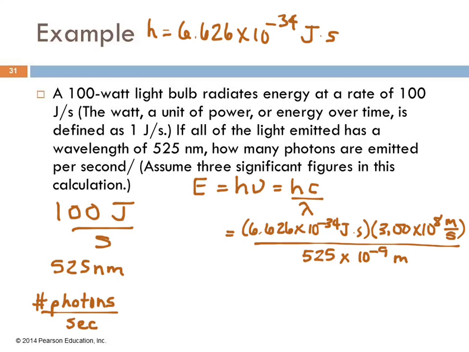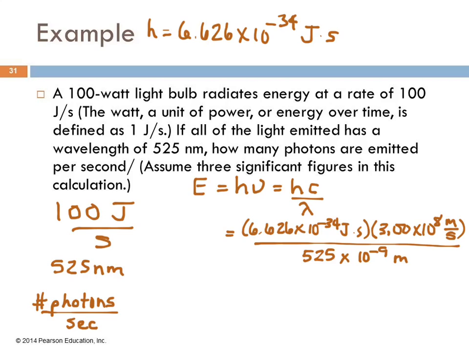So we've got 6.626 EE negative 34 times 3 EE8 divided by 525 EE minus 9.